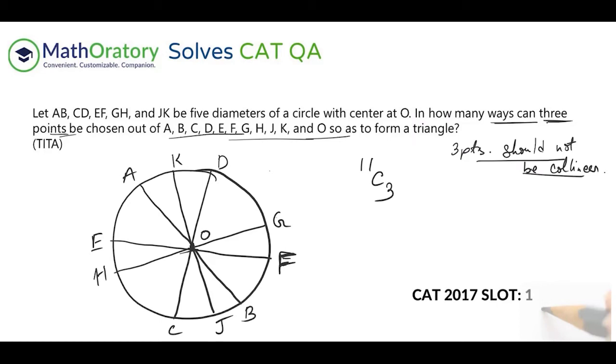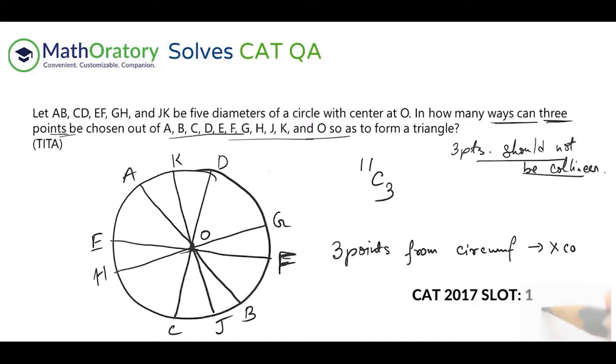Now, if you think about it, from the circle itself I hope you'll understand this directly. If we choose any 3 points from the circumference, that should not be a problem. So if I choose 3 points from the circumference, they will never be collinear.